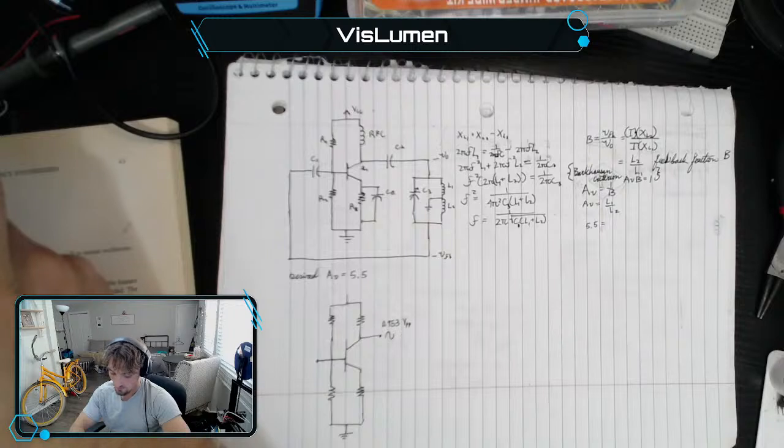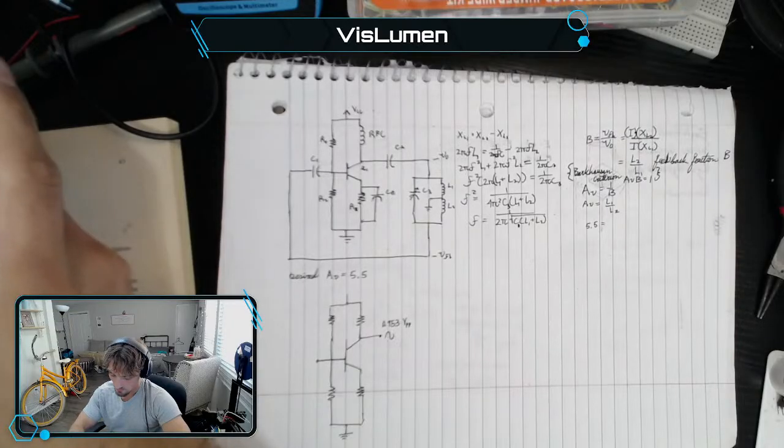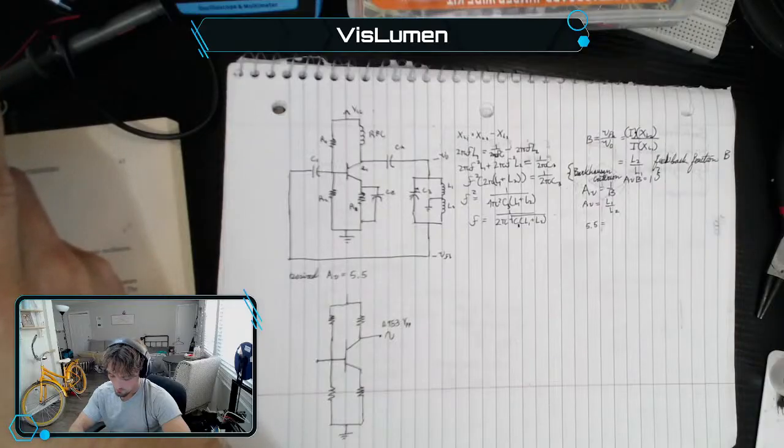They have an ohm rating, but just stay under that. 1 millihenry, 600, 470. Let's try this.